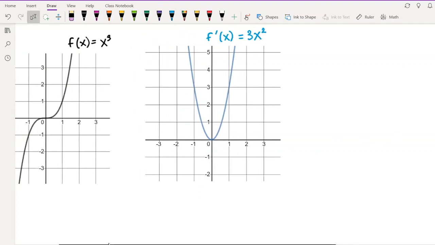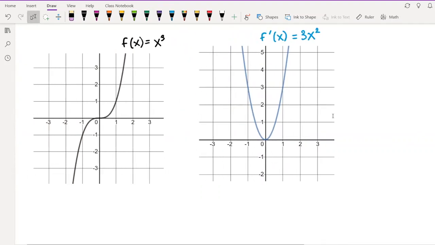So I just want to again see what the connections are between these and really try to make some of this stuff explicit. One thing I want to emphasize is that every point on the derivative tells you something about a point on the original function. So for example, if I go to this point here, this is the point (1, 3).